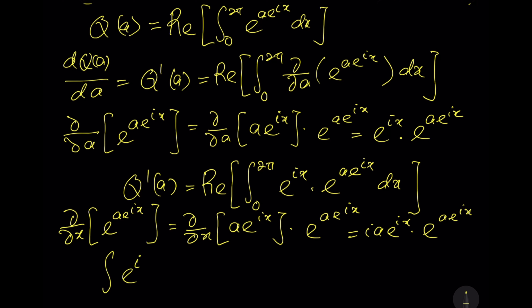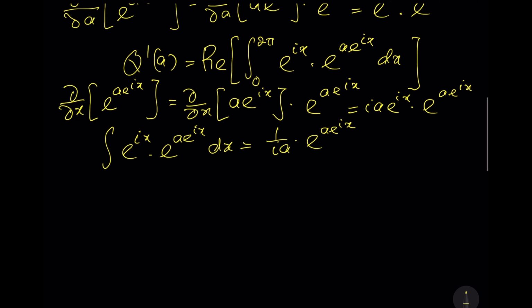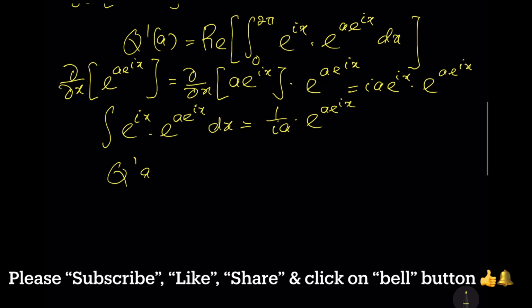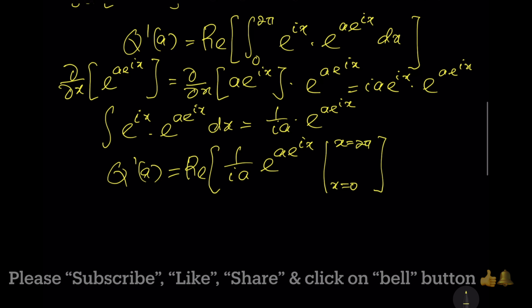So the antiderivative of this is what we need for our function Q'(a). Now we have a simple Q'(a), which equals the real part of 1 over ia multiplied by e^(a e^(ix)) evaluated from x equals 0 to x equals 2 pi.